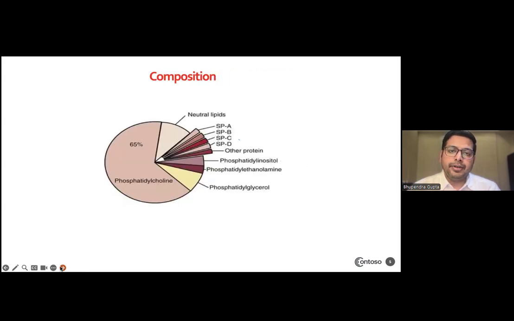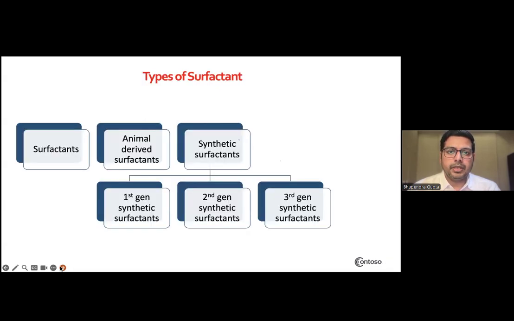Regarding composition, most of it is phosphatidylcholine. The second major component is neutral lipids, and there are surfactant proteins A, B, C, and D, and a few other components.